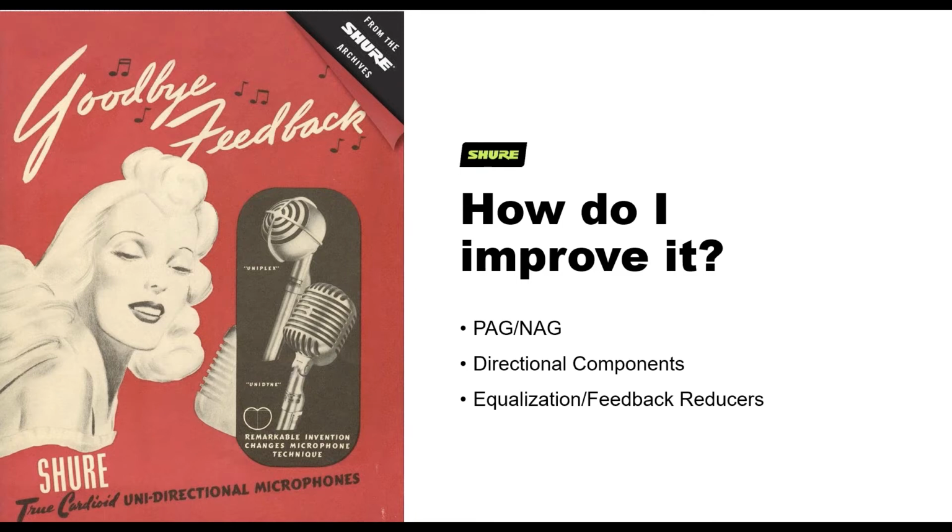It certainly helps over omnidirectional microphones, but it's not the main way. First thing we want to talk about is a concept called potential acoustic gain, which is that math I referred to that shows us how we can do this. But then we also want to look at directional components, cardioid mics and how that helps, and some more electronic solutions like EQ and feedback reducers.